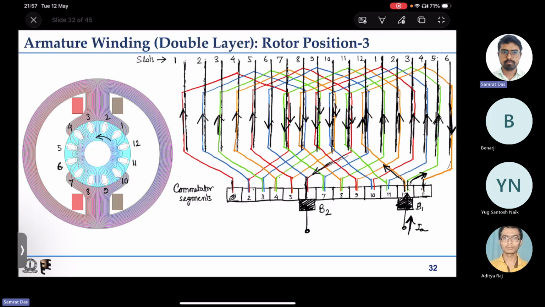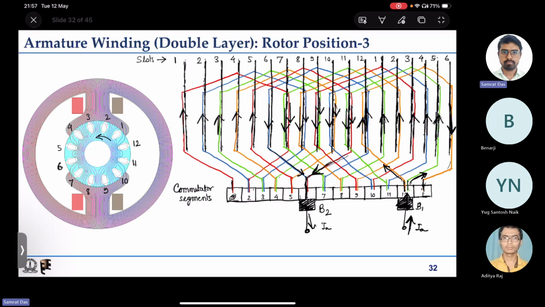So one component of current, IA by 2, is coming from here, another component of current is coming from there. So they will get collected by this commutator segment and sent to this brush. So another IA.